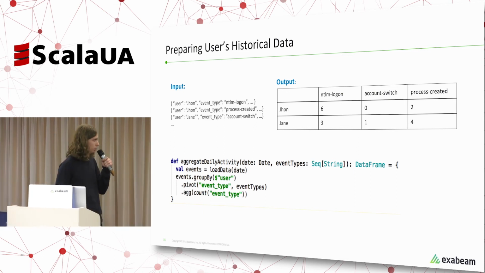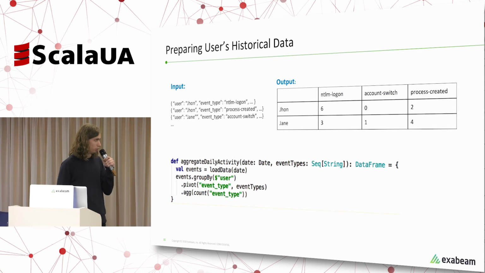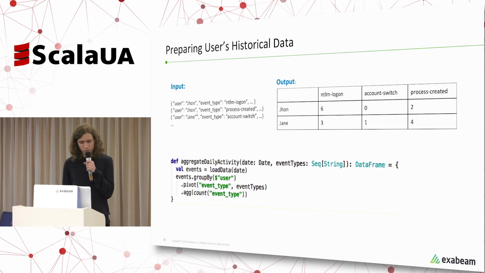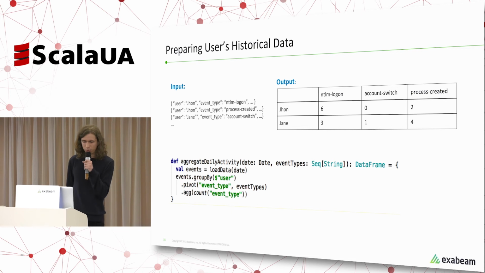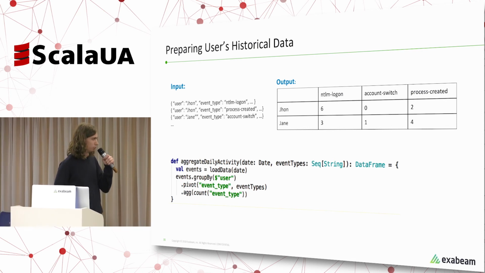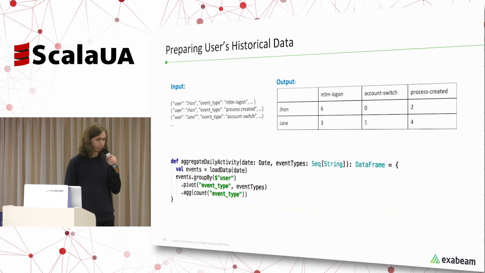Here we are interested only in two fields, user and event type. The tricky part here is to transform each event type value into a separate column. Here we can use a pivot function, which counts events for each user by event type, with each type as a separate column.